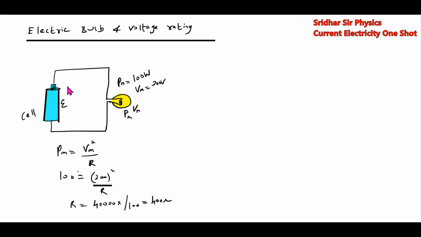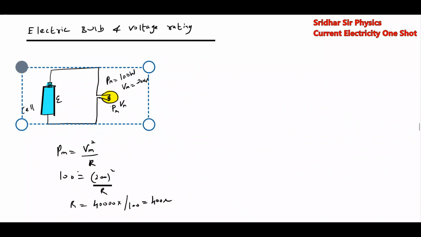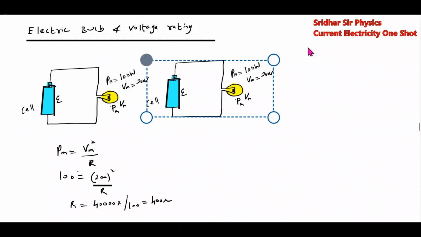Okay, now if I connect this particular bulb across a cell whose EMF is more than 200, it will burn out. Now, this concept is very important. Rest all you can manage very easily with the first situation. So I'll bring the EMF, which is say 210 volt.